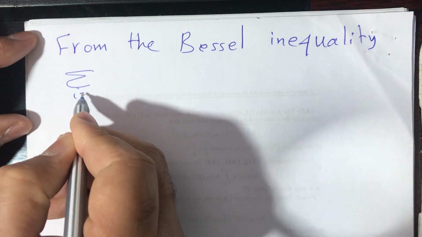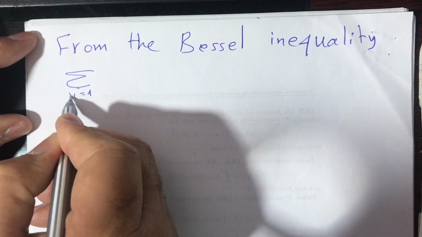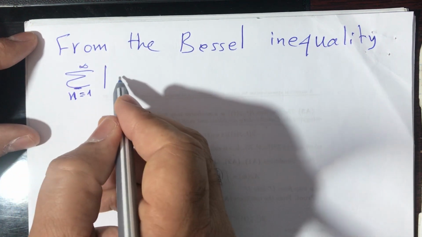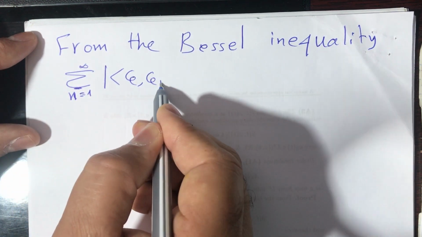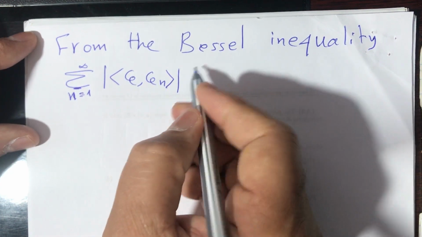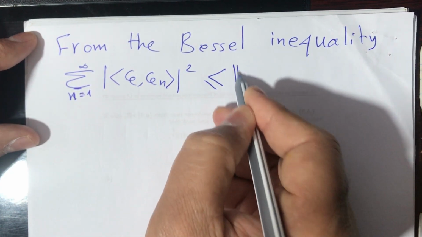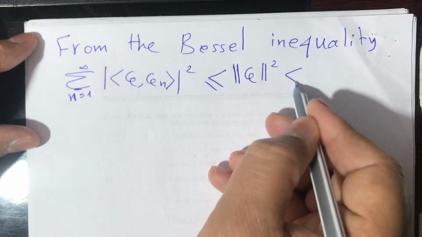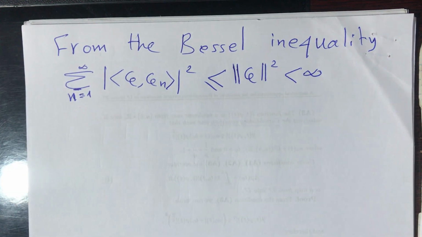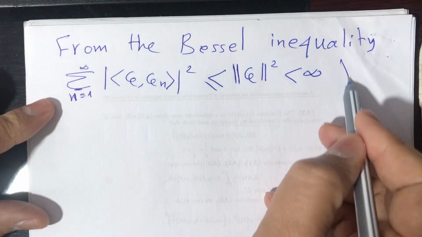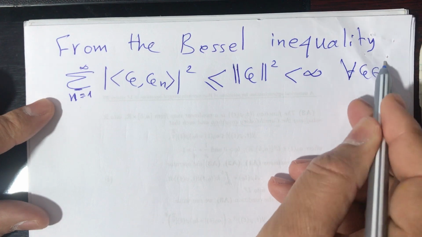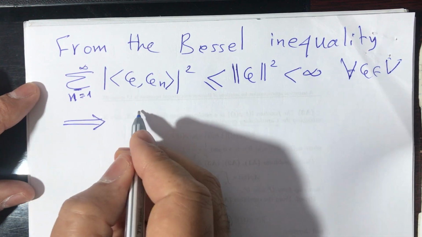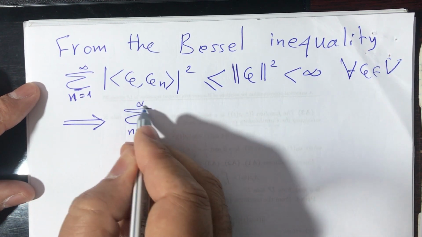The summation from n equals 1 to infinity of the absolute value of the inner product of phi and phi n, squared, is less than or equal to the norm of phi squared. This is from the Bessel inequality, and this is less than infinity for all phi belonging to V.